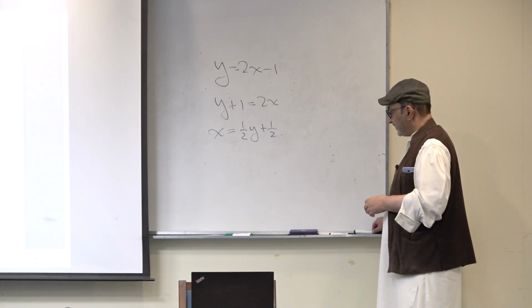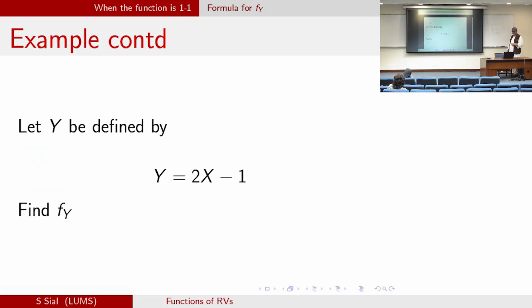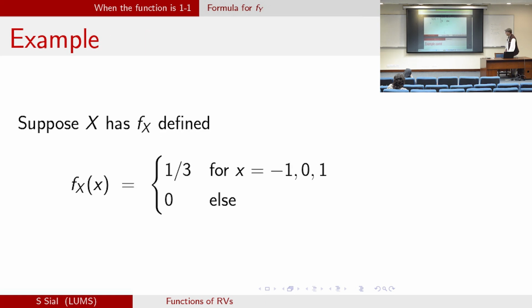So if it's 1 to 1, then I can just borrow the PMF for X, right? And 1/3 stays as it is. If X took values minus 1, 0, and 1, then what values does Y take?